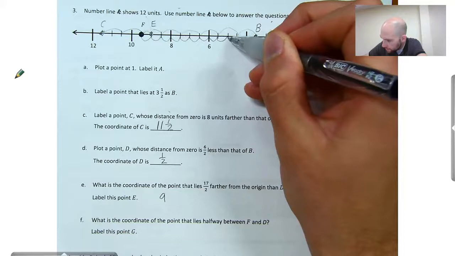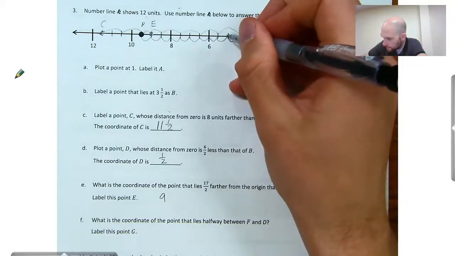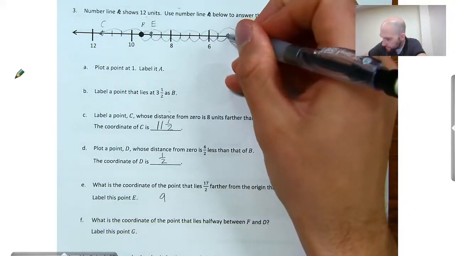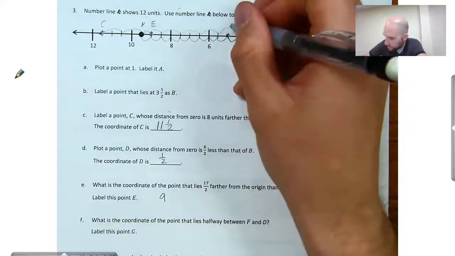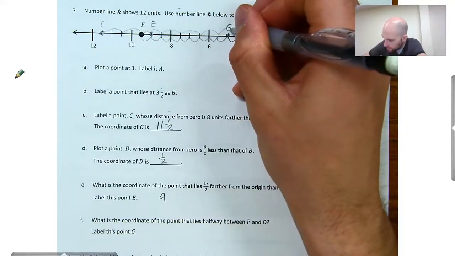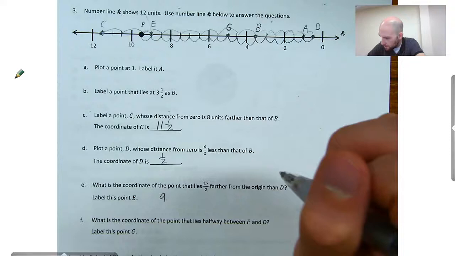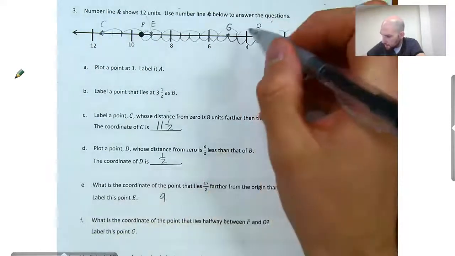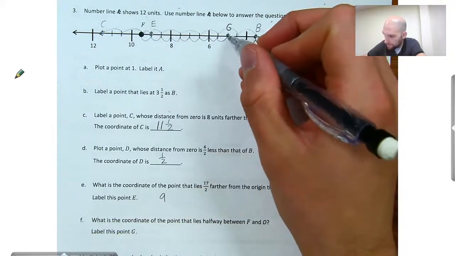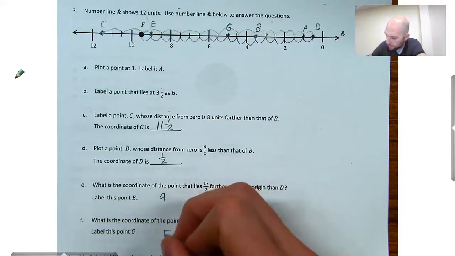And I meet right in the middle here. This is going to be point G. And what is that coordinate? Well, we have 4, 4.5, 5. So G will be 5.